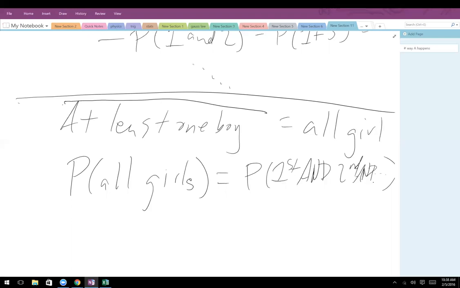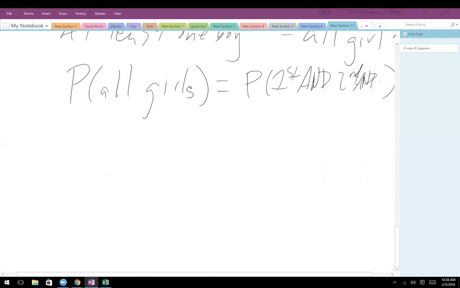You just say, oh, this is the probability the first one's a girl times the probability the second one's a girl. I have no idea why this thing hates me. So probability that the first one's a girl times probability of the second one being a girl up to the probability of the eighth one's a girl.